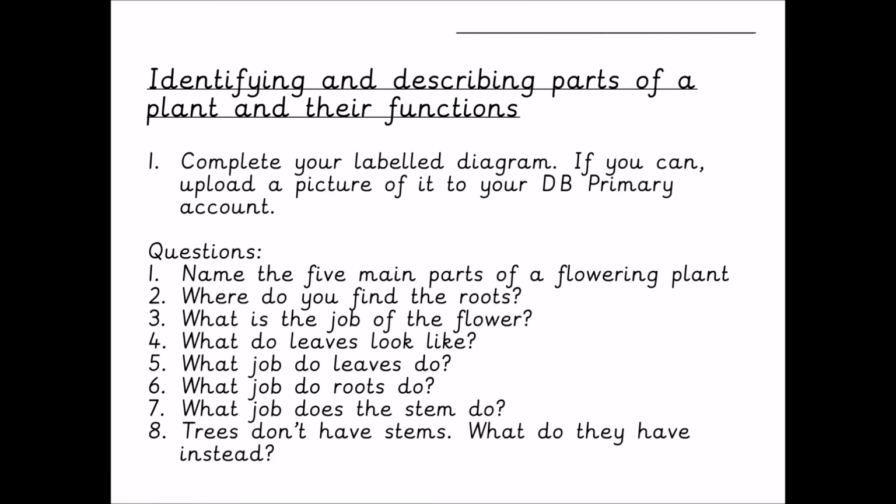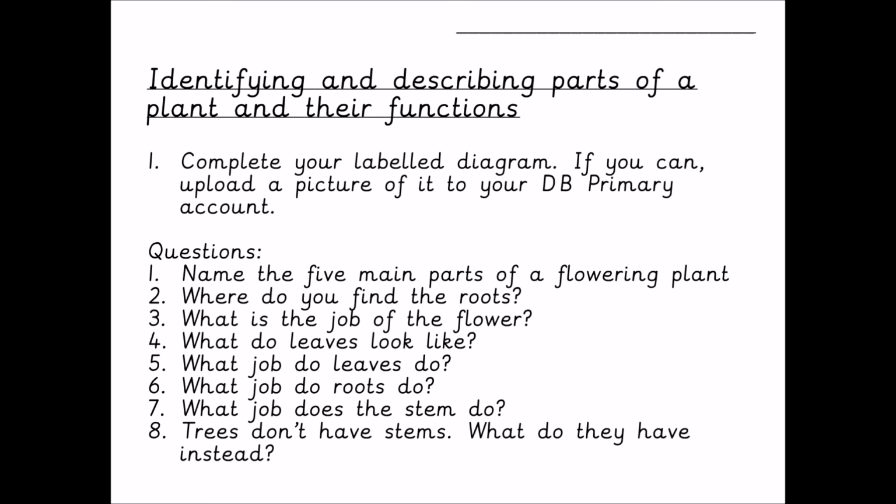So what I would like you to do is complete a labelled diagram, and I have put a worksheet on DB Primary for you to complete. There are many ways of doing this. You can either download the worksheet and print it off and fill it in, or you can take a pencil and a piece of paper and do your own diagram of the buttercup and label it yourself.